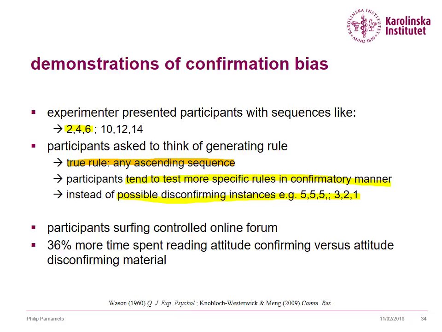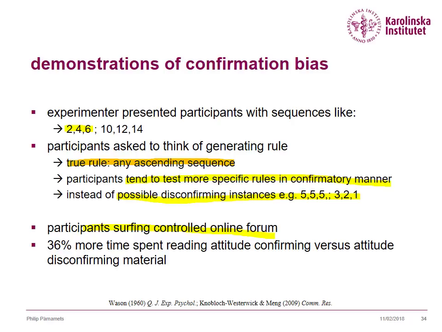And reconnecting to the political importance of confirmation bias, in one study, participants were taken to a computer lab and surfed a controlled online forum that had articles relating to their political opinions, with information that would either confirm or disconfirm their political opinions or other attitudes.